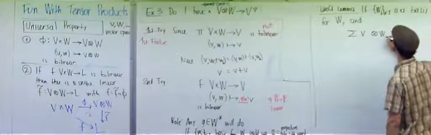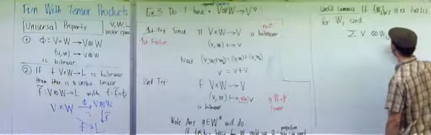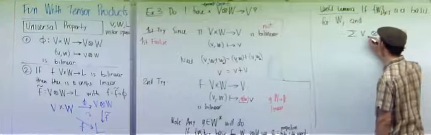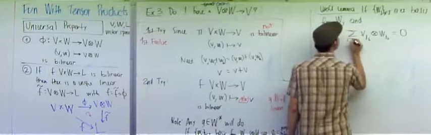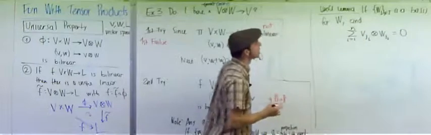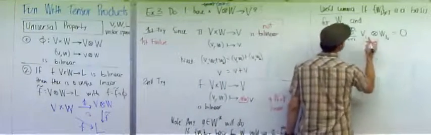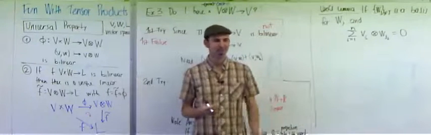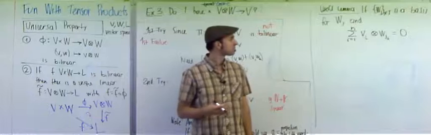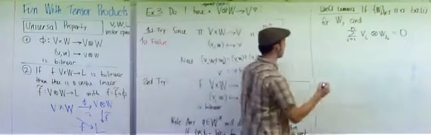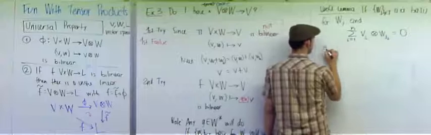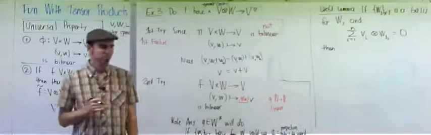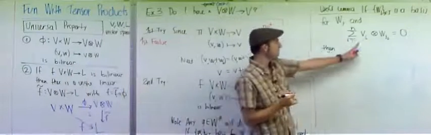So W sub J sub I, V sub I. So basically, a sum of tensors equal to 0 where the right-hand side is part of a basis. Then what is true? This might surprise you, but actually every single V_i has to be 0.